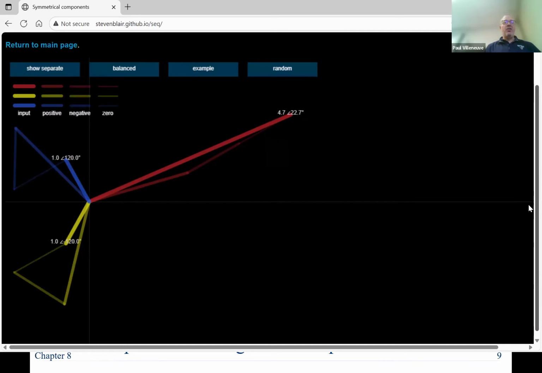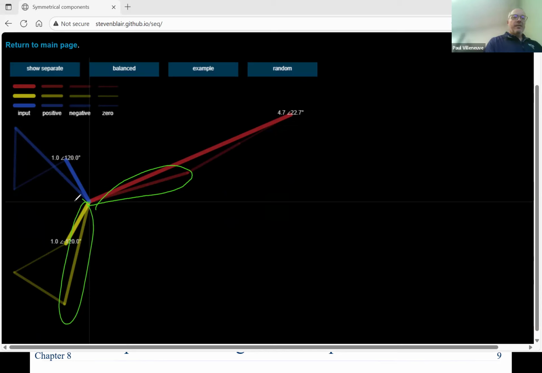So now I'm not even showing the positive, negative, and 0 parts on separate diagrams. I'm actually showing them here. And if you take a look, it might be a little hard to see. So we'll highlight it. This red line matches the magnitude of here and here.